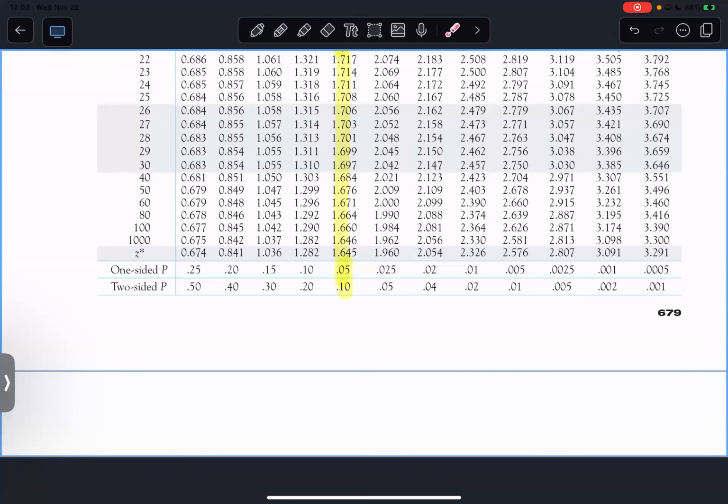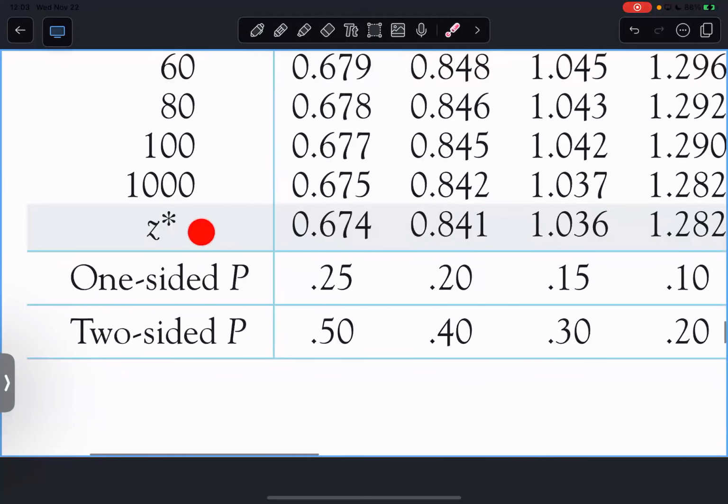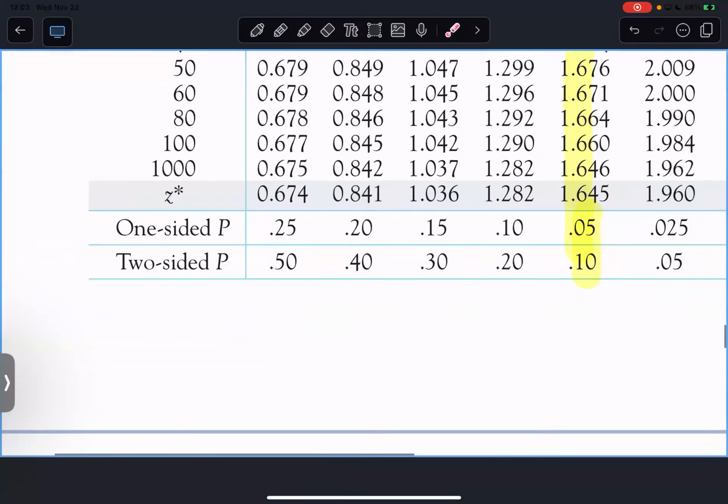Okay? And the reason for that is because your T distribution, as you collect more and more of the population, becomes the Z distribution. So Z star, or Z, is really just the T distribution at infinite degrees of freedom, okay, technically. So what could you do?